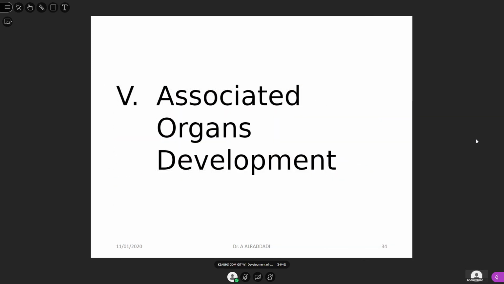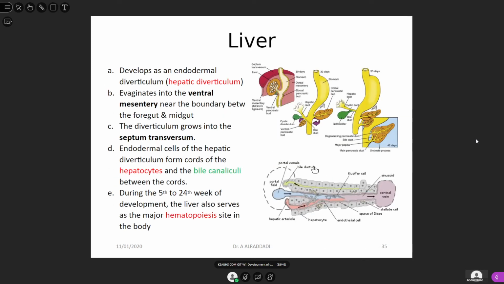And then the associated organs' development. First, the liver. The liver develops from the endodermal diverticulum, so the germinal cells that give rise to the liver are the endoderm cells. It forms the hepatic diverticulum in the ventral mesentery, and it will grow into the septum transversum that will give rise to the diaphragm.